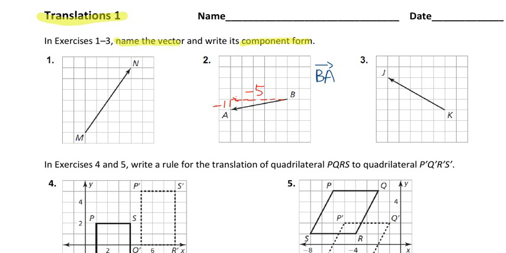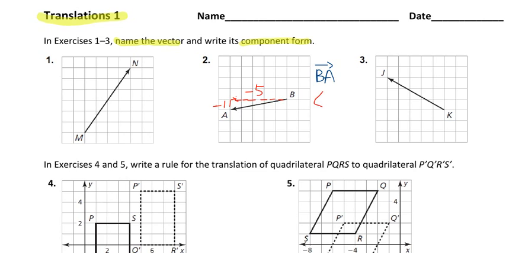So the component form is written in angled brackets. They are not parentheses. They look like this. And the first number tells us whether we're going to the right or to the left. And the second number tells us whether we're going up or down.